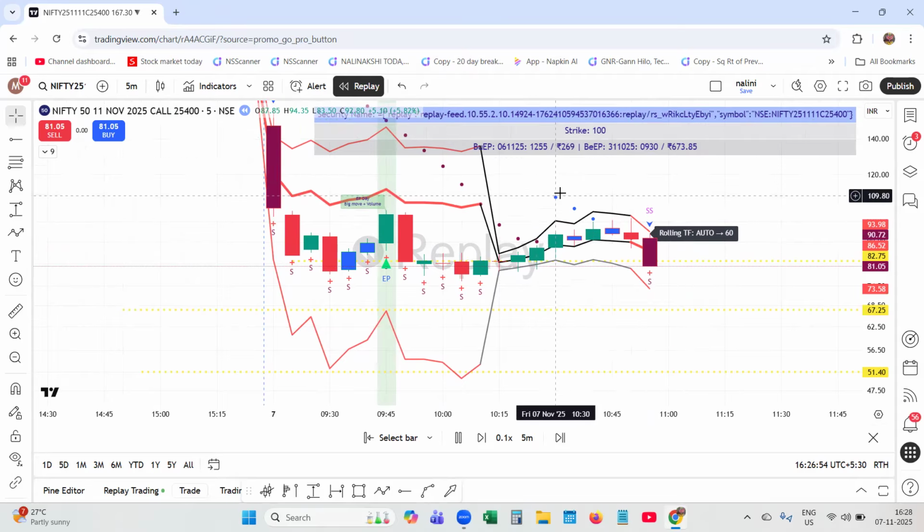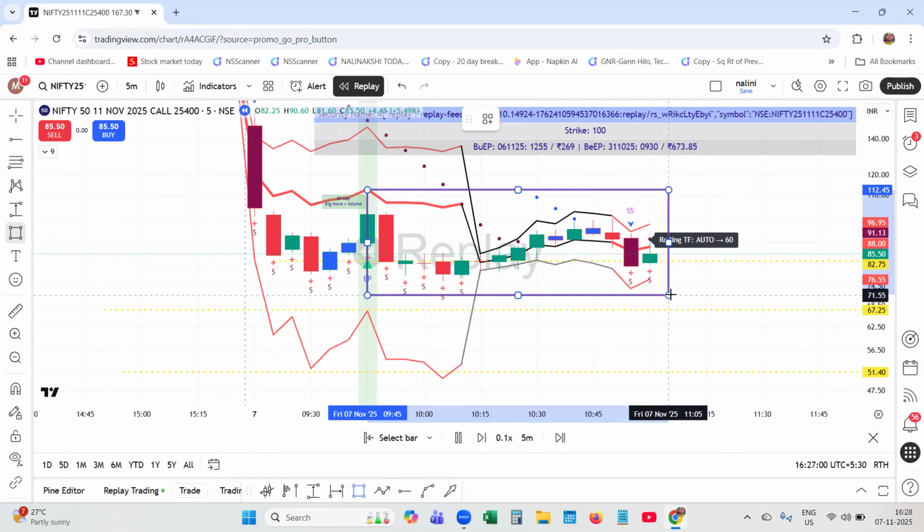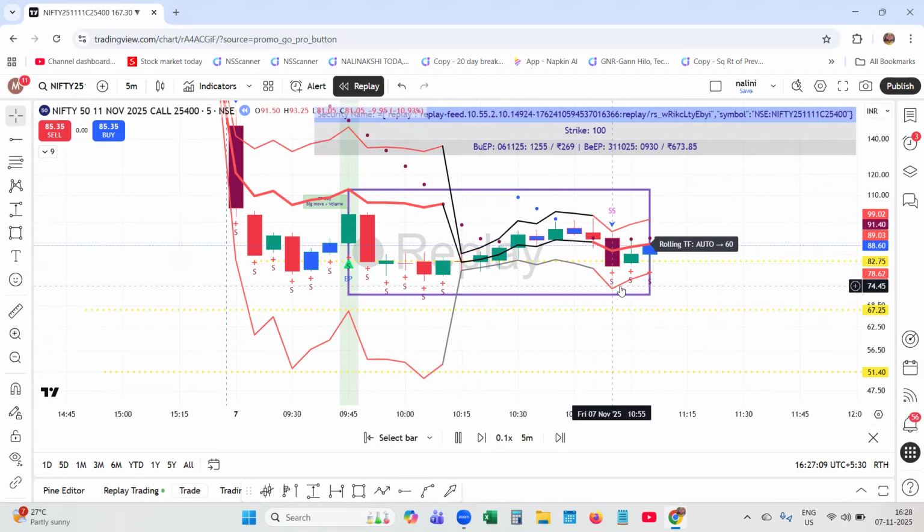This is the indication of the GannHiLo forming the level. So I came to know that market is going to form a range over here. So balance line, price came down to the first formed balance line.